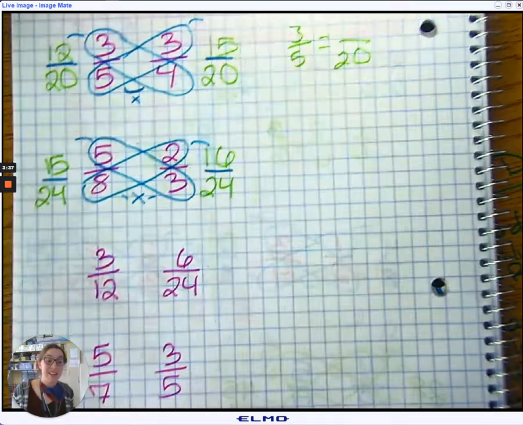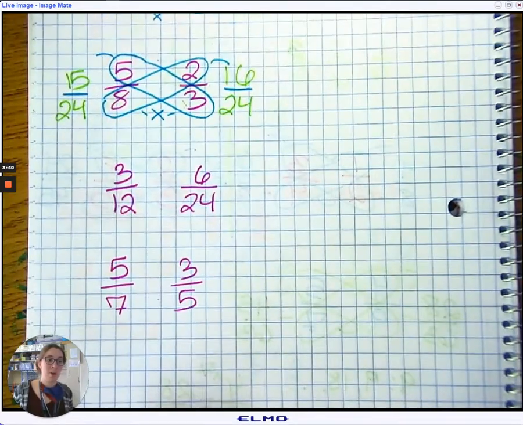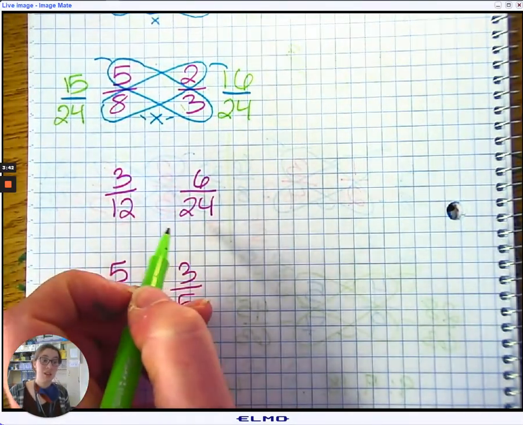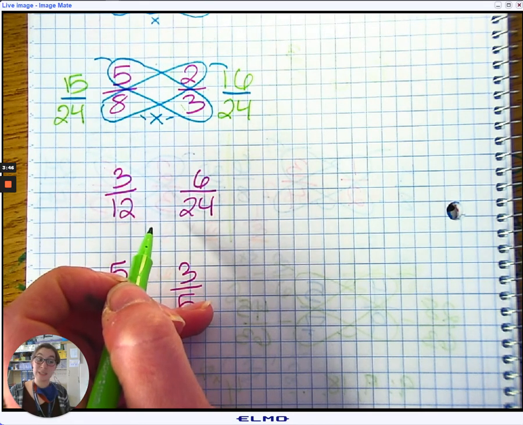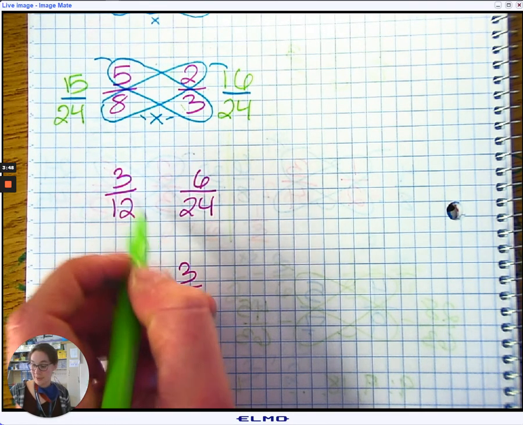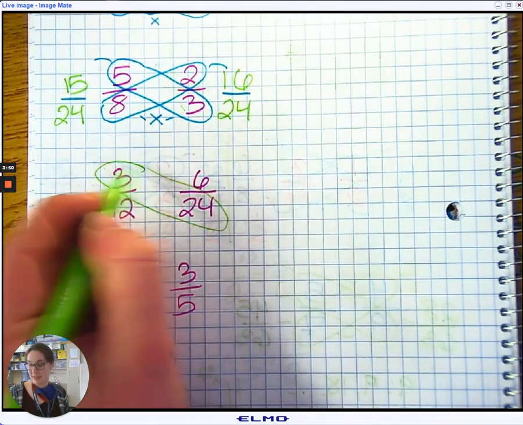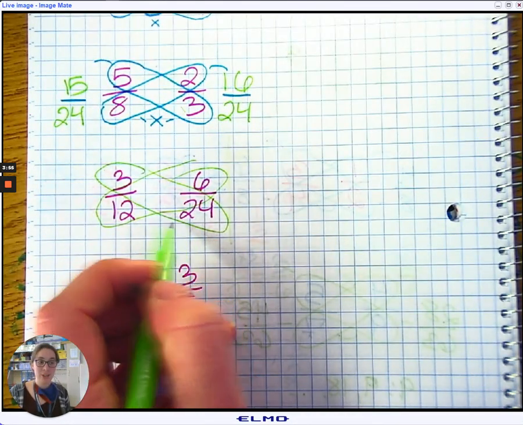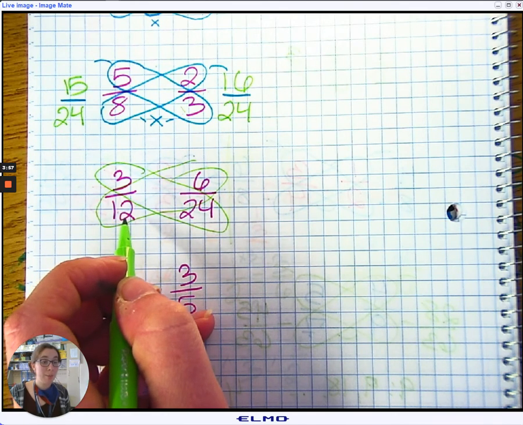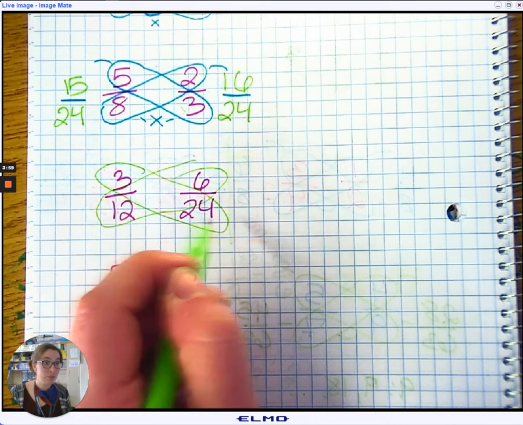Now, I said I'd tell you when it doesn't work very well, and here's one. 24 times 12. I don't really want to do that, because I'd have my wings here, I'd have to do 24 times 12, when I can just look at this and go, oh, wait, I know what the common multiple here is, because 12 times 2 is 24.